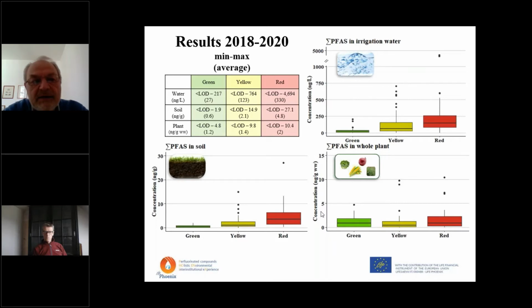And regarding the danger, of course, we have to distinguish between legacy C8 long chain compounds that are more accumulable, which we also found in the biomonitoring of the blood of the people living there.